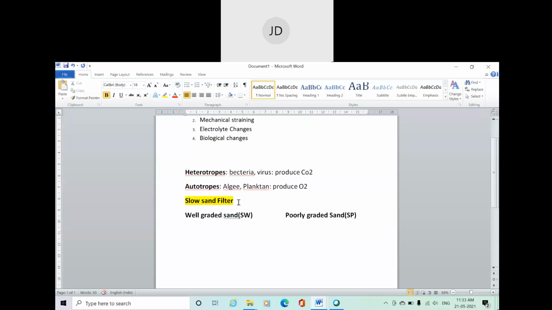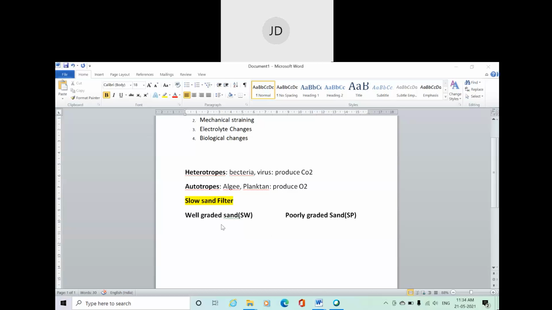So cleaning must be done by scraping the top layer up to 2 to 3 centimeters, which also destroys the top biological layer. That means from time to time, using a knife or any other apparatus, we need to scratch the top layer.